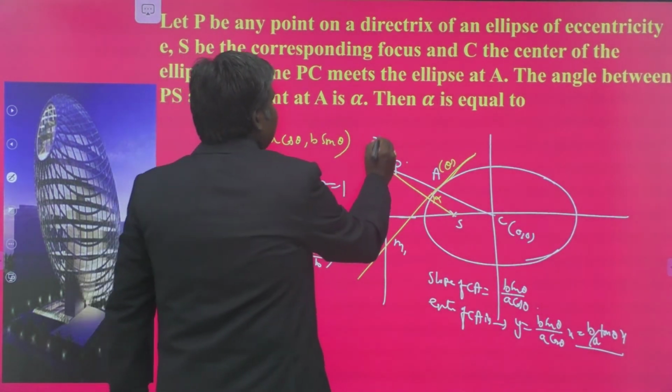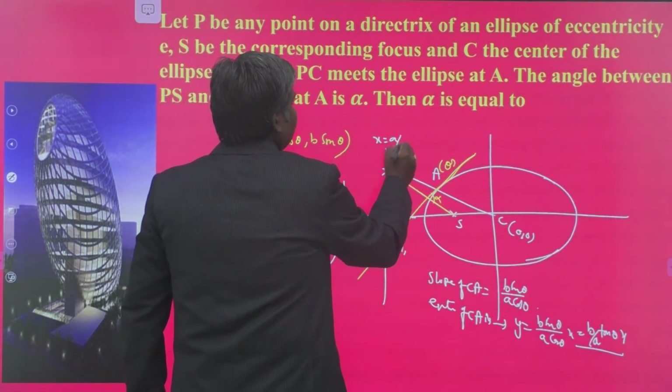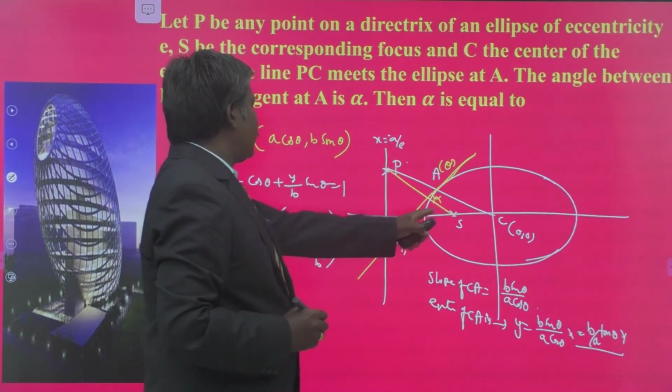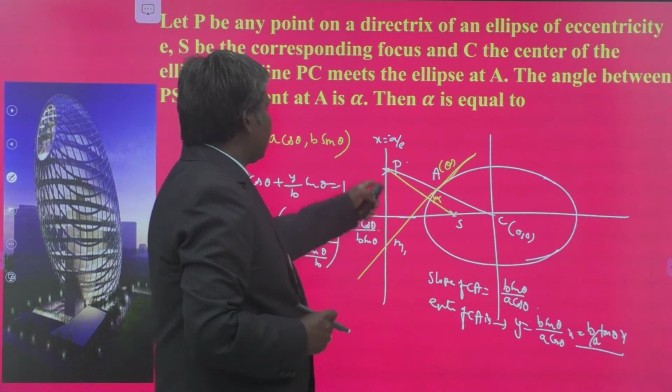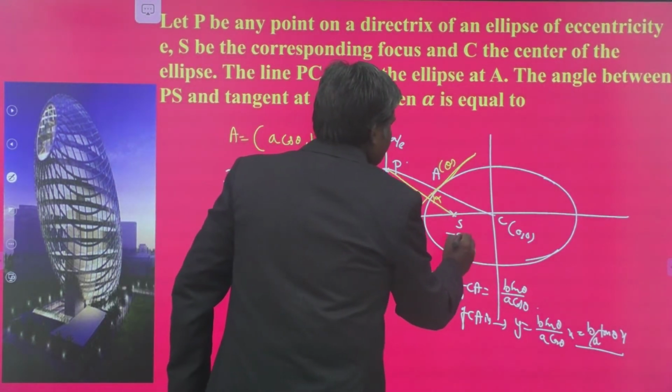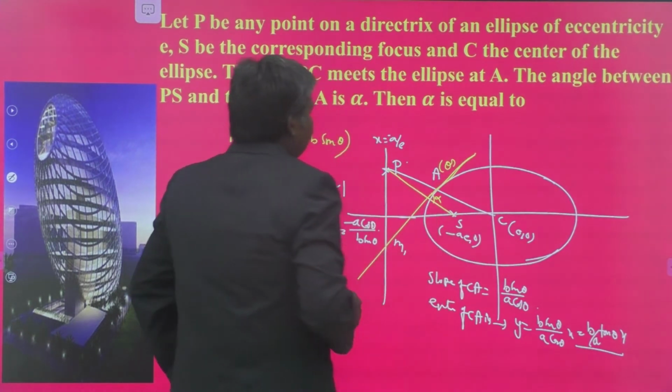What is our directrix equation? x equals a by e, or you may take minus a by e. We are taking the focus S as minus ae, 0.